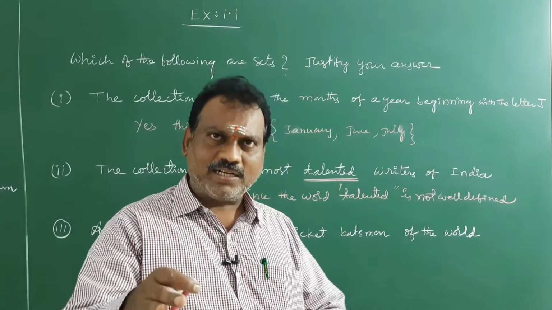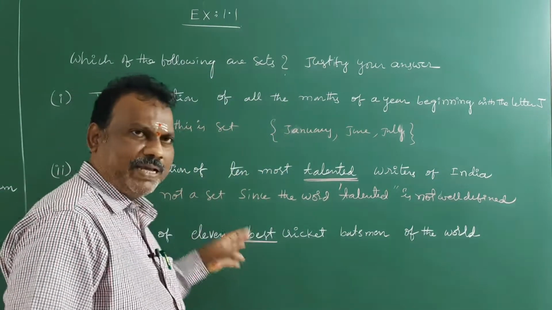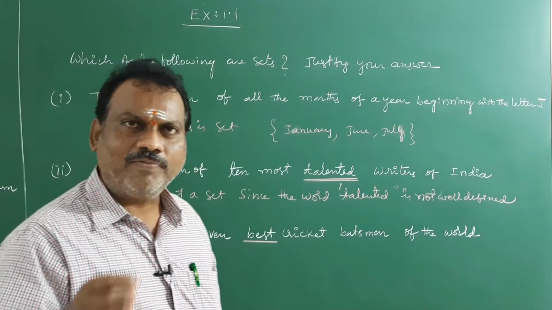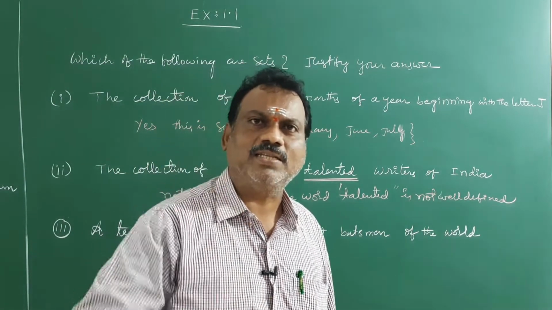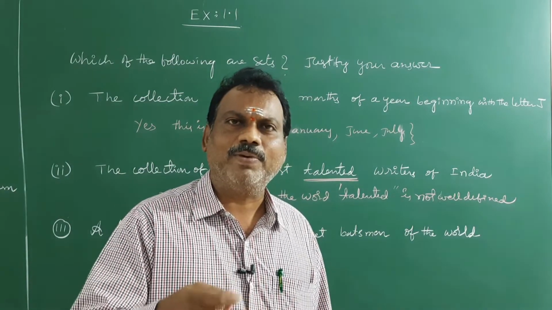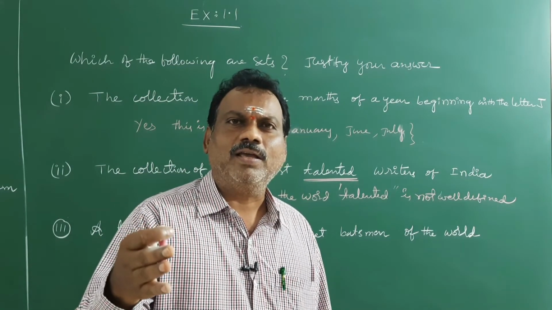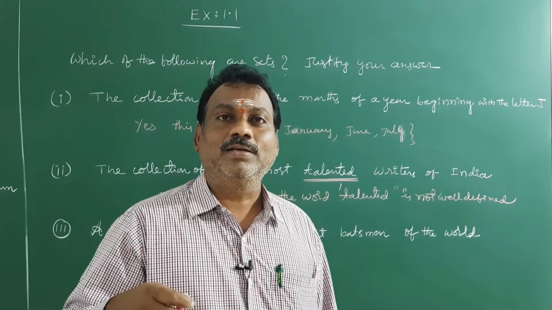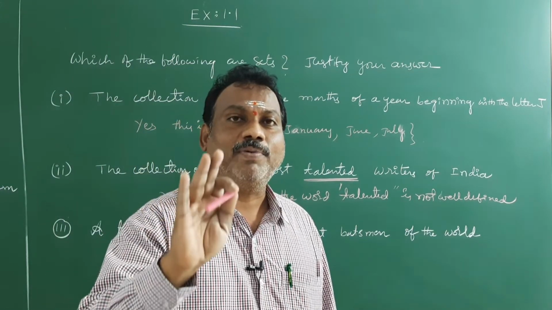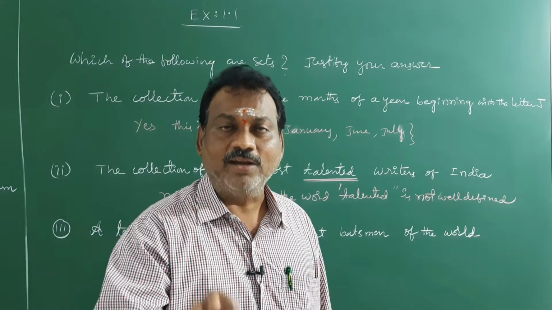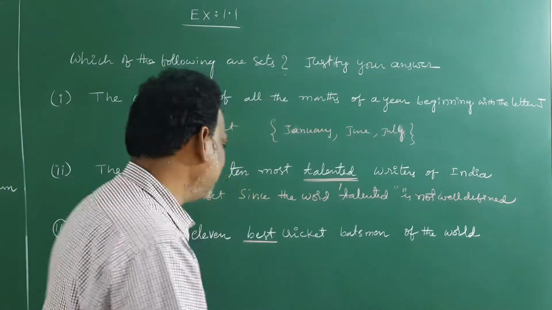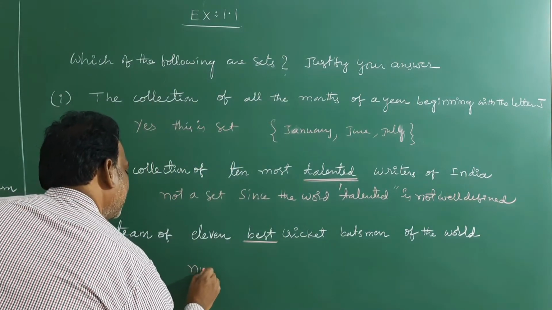On what basis are they described as best? That's why it is not well defined. We don't know on which basis they are treated as best. If I say one person is the best, without my knowledge there exists one more person. That's why such words are not well defined. So this is not a set. Clear, students? Right. So not a set.